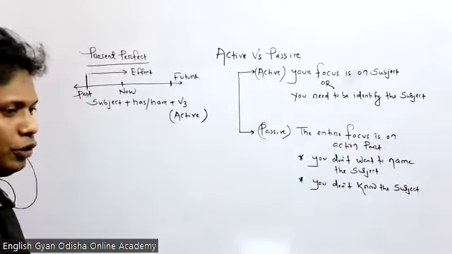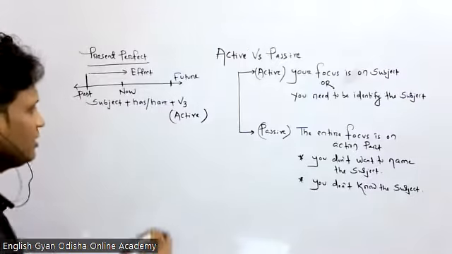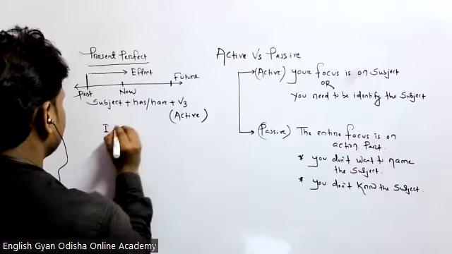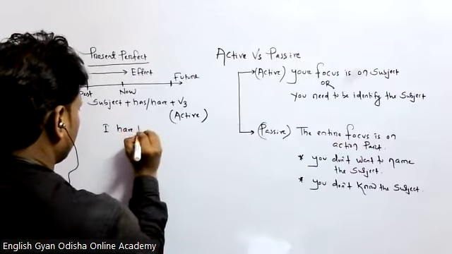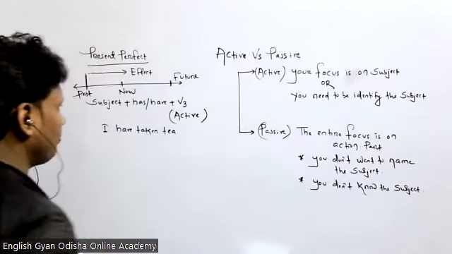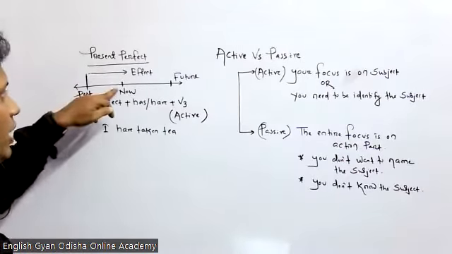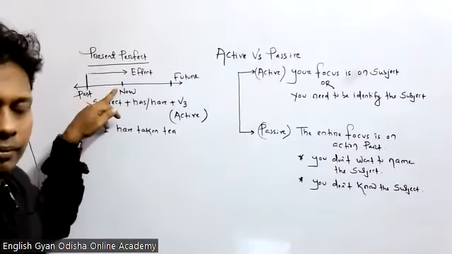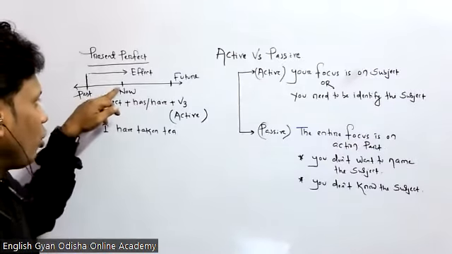Suppose you can give a lot of examples. You can say, I have taken tea. So suppose you are here right now, and you think that it is 9 o'clock.